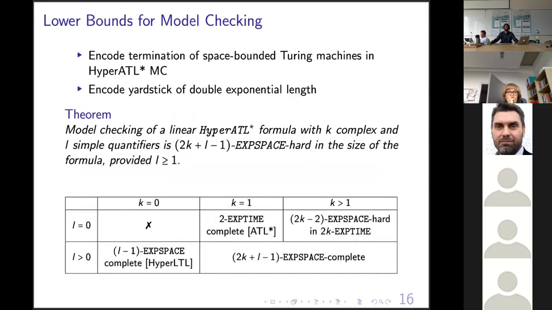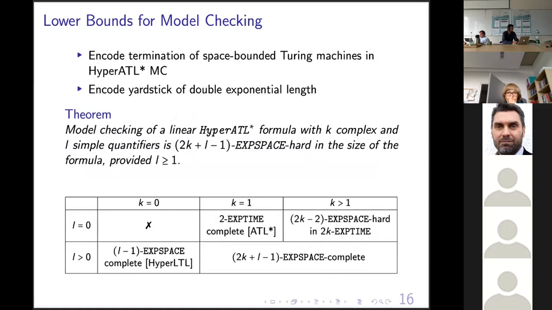What we show in our paper is that we can give a matching lower bound by encoding space-bounded Turing machines in the model checking problem of hyper-ATL star. So what we get is that model checking of such a formula with, again, k complex and L simple quantifiers is 2k plus L minus 1 x space hard, conditioned on the fact that we have at least one simple quantifier.